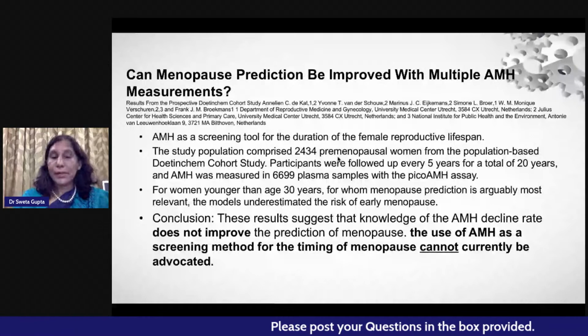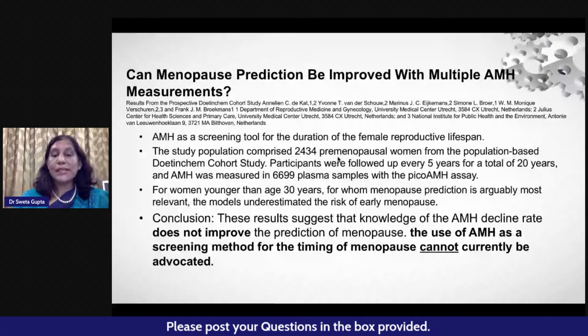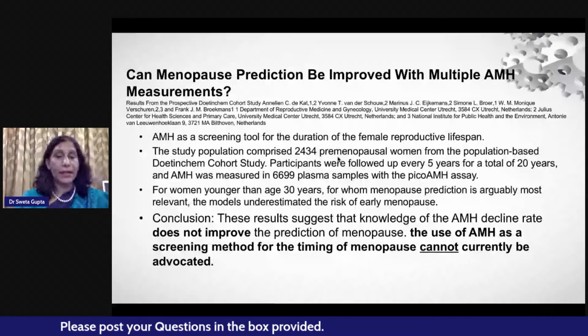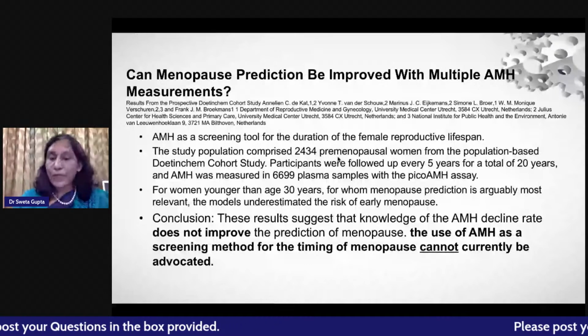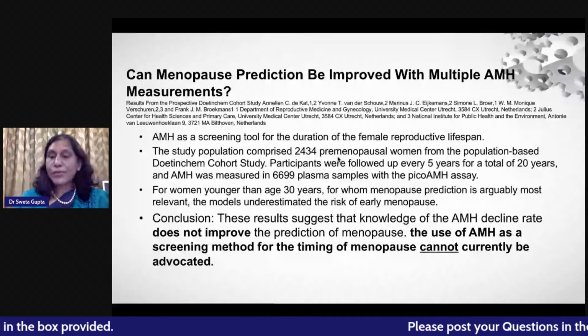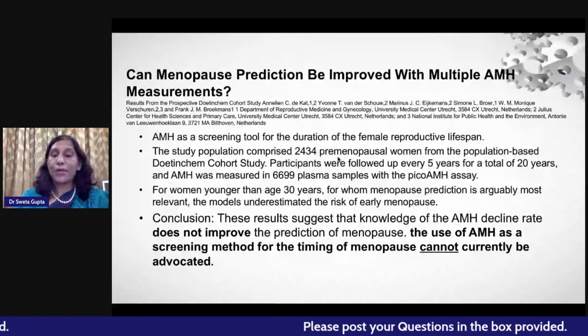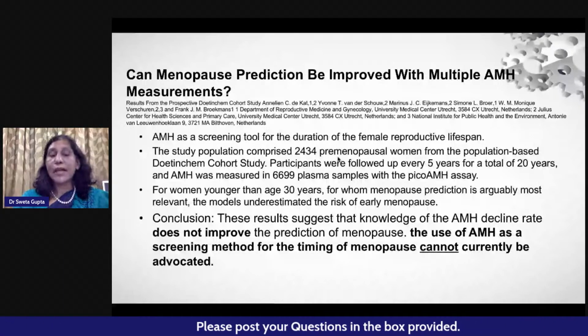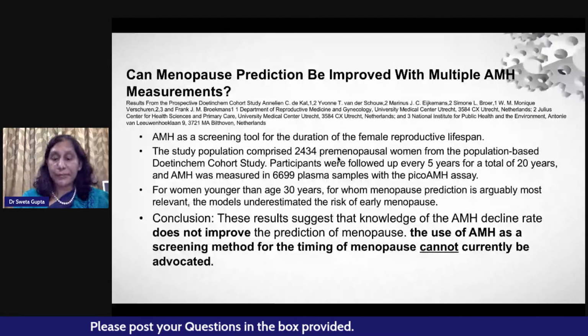Overall, they concluded that the knowledge of AMH decline rate does not improve the prediction of menopause. So, the use of AMH as a screening method for timing of menopause cannot currently be advocated.